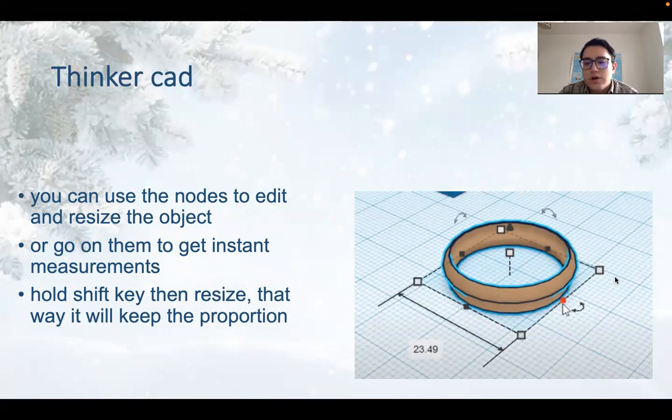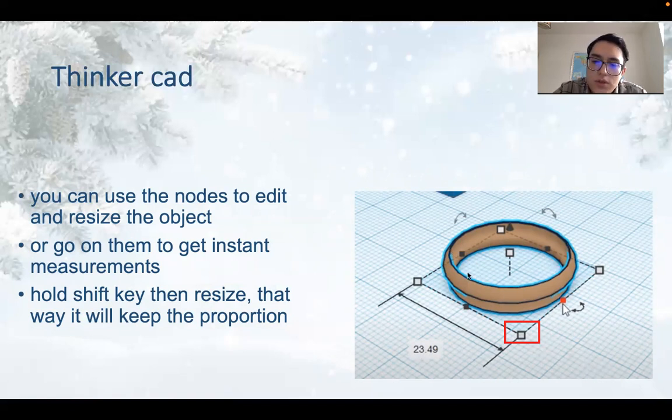These little squares, when you select an object, are called nodes. Using these nodes, you can change the size, make it smaller or bigger, and it will show you the size. So for example, if you need this to be 40, you can change it to be 40. But also if you keep Shift, it can hold the proportion.